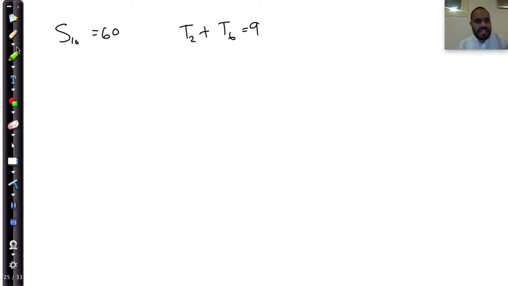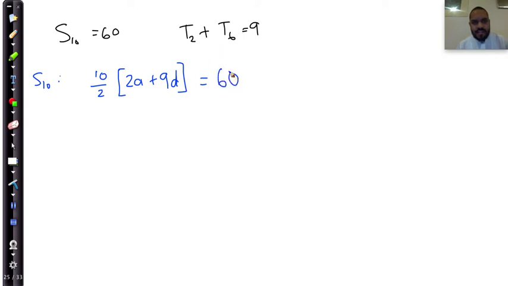Well, essentially S10 is simply the formula for a summation, which is going to be n over 2, and in this case n is 10, so it's 10 over 2 multiplied by 2 times a plus n minus 1, 10 is n, so n minus 1 has to be 9, multiplied by d. And you know that when you work this thing out, you've actually got a value of 60, right?